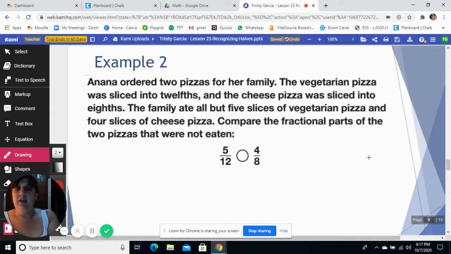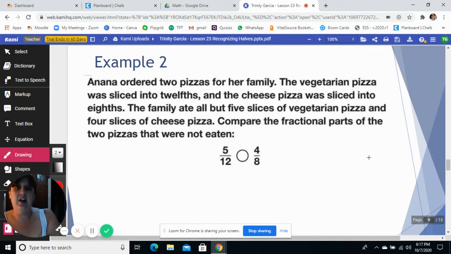Example 2. Anaya, or Anana, I don't know how you say her name, ordered 2 pizzas for her family. The vegetarian pizza was sliced into 12ths, and the cheese pizza was sliced into 8ths.